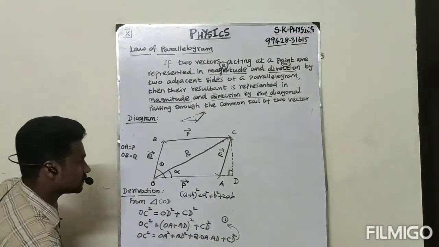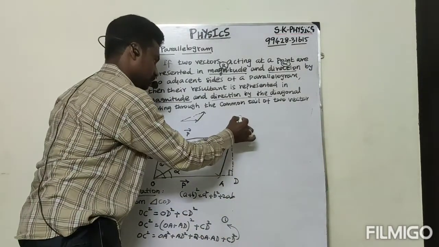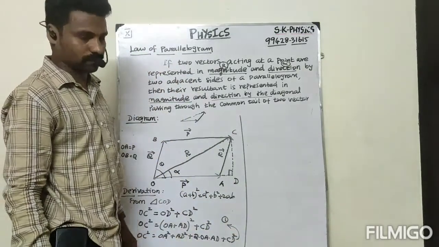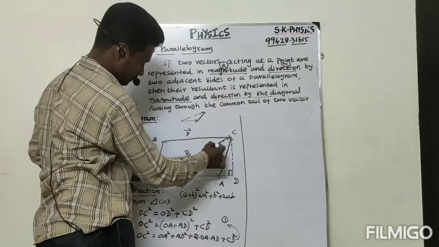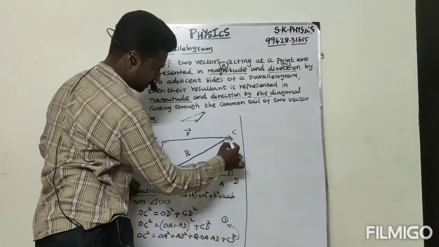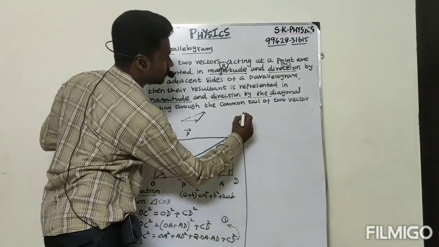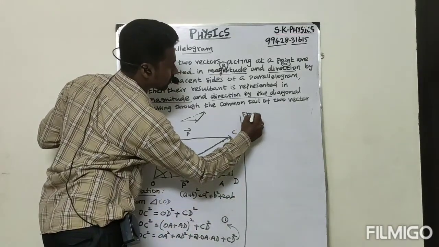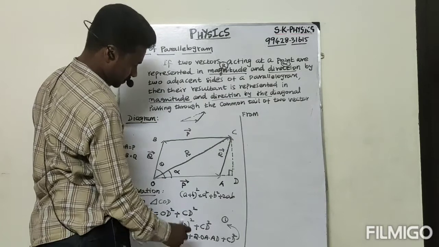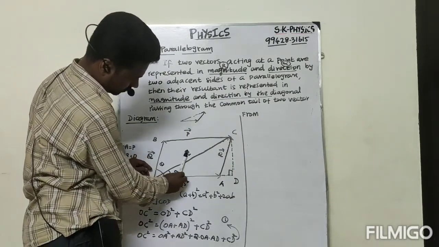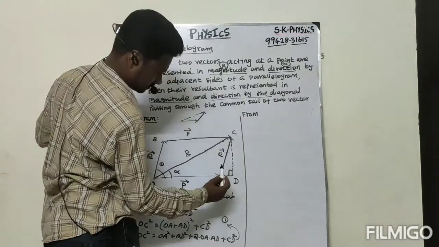Next, the big triangle part is covered. Next is the small triangle. This is the big triangle, and this is the small triangle, one more right triangle. You know very well this angle is theta, so this is also angle theta.